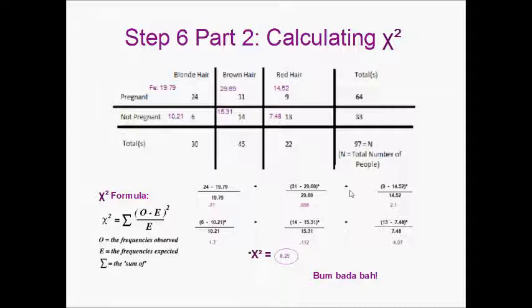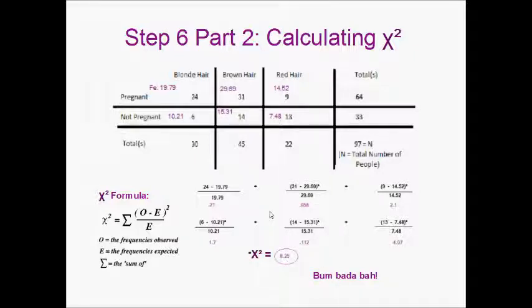For red hair pregnant, we take 9, its observed frequency, subtract 14.52, its expected, square it, and divide it by 14.52. We do this for each one of these cells, and we add together each one of the answers, giving us a chi-square statistic of 8.25. So there it is. That's the statistic for chi-square.